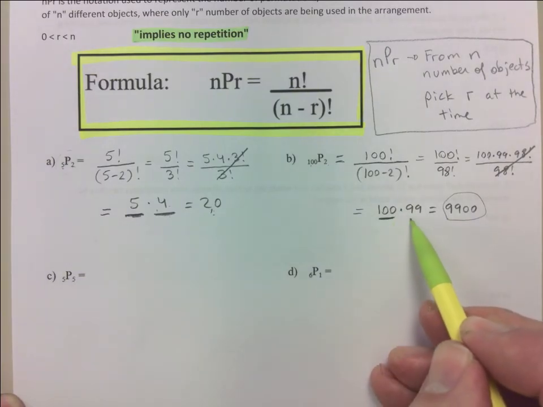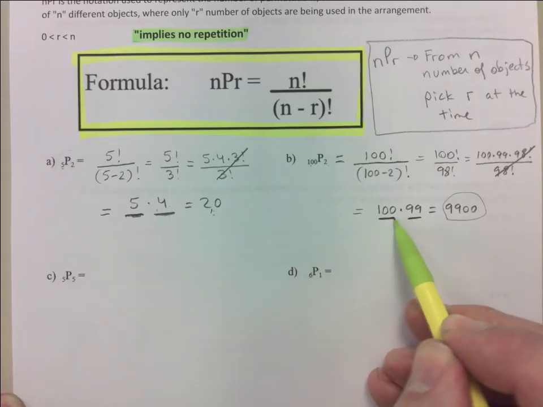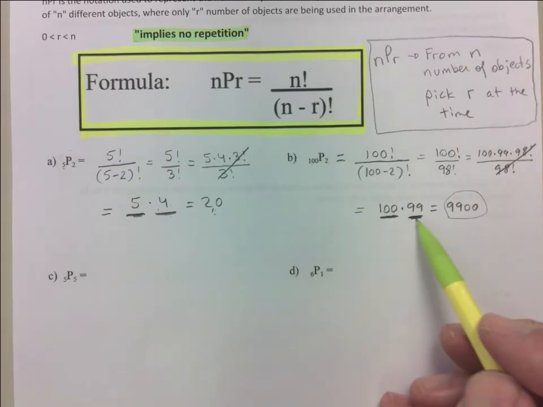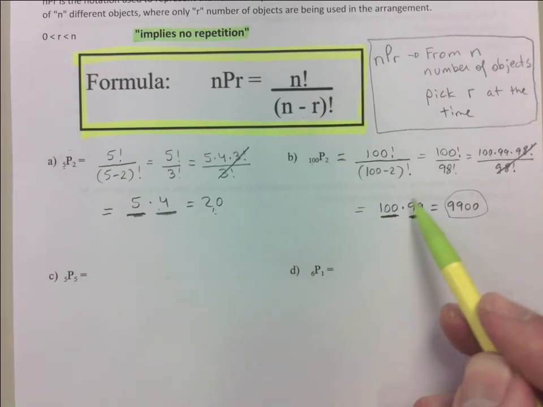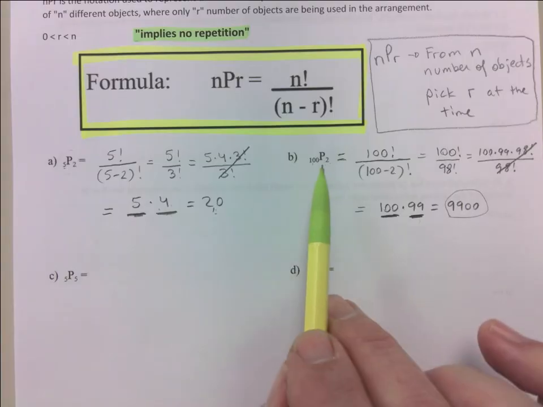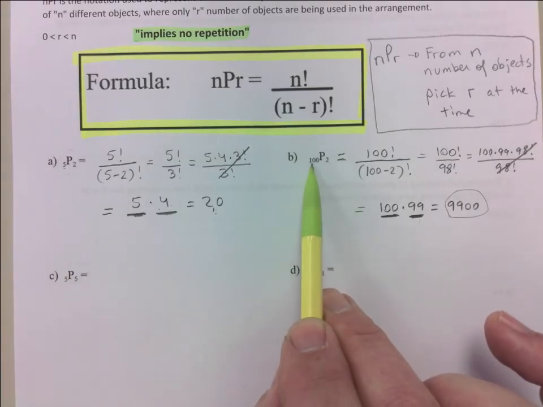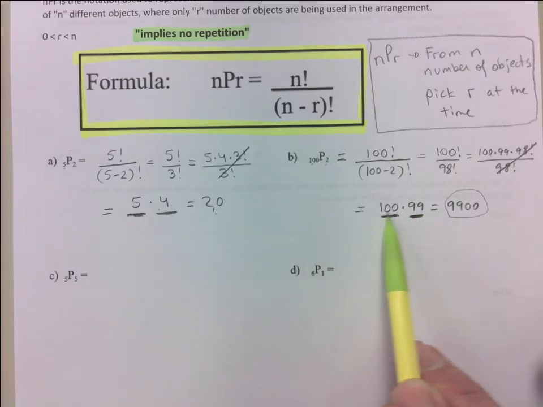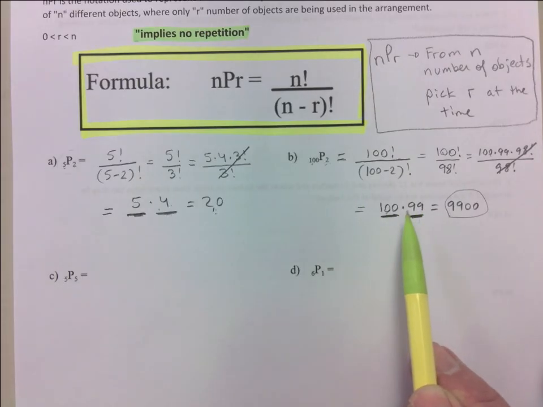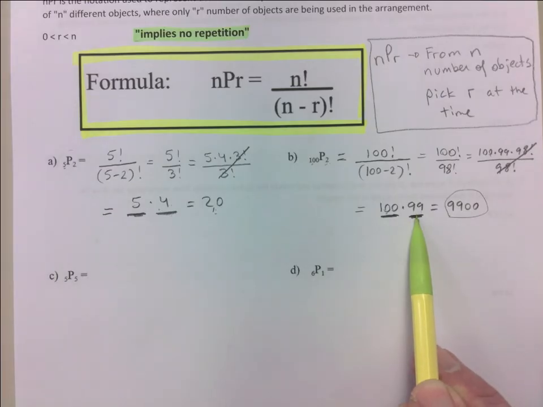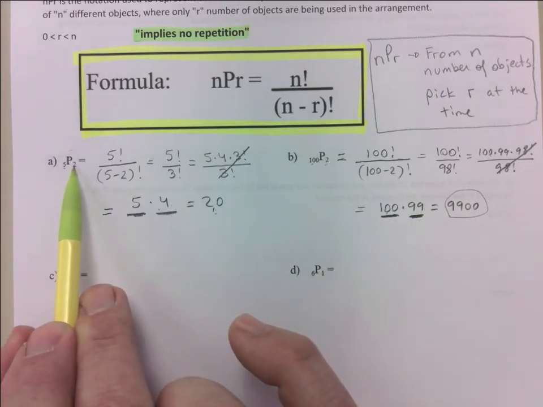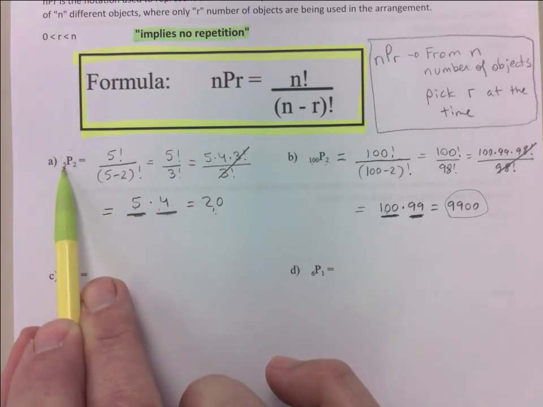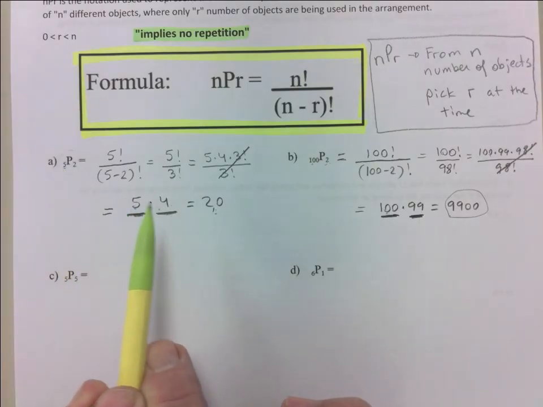How many slots did we fill? You see what I'm doing here? I'm turning this permutation into a fundamental counting principle. Guys, from 100, how many did we pick? From 100, we picked 2, right? So it's 100 times 99. Earlier, from 5, we picked 2. So what did we start with? 5, 4.